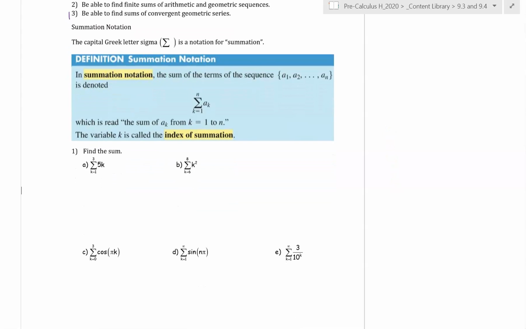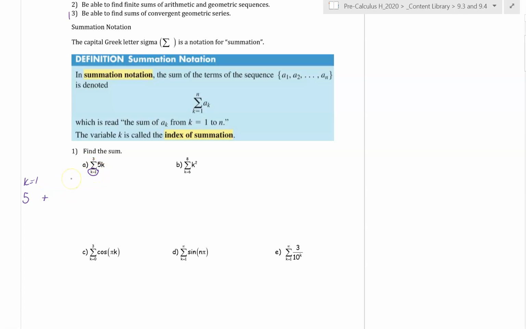Go ahead and pause the video and read the information in the blue box, and then we'll find the sum for number 1. First of all, I think it would help if we find the terms of the sequence. Notice our index of summation. You would start with k equals 1, and you would get 5, and then this sigma means the sum.